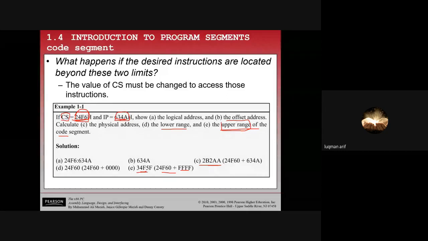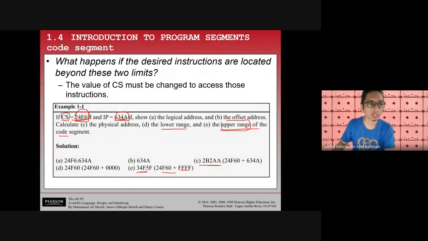Before we add, we must shift the CS first, Doctor? Yes, because this is the CS which is stored in the register. When we are asked about the lower range of the code segment, we need to shift because we need to find the physical address.